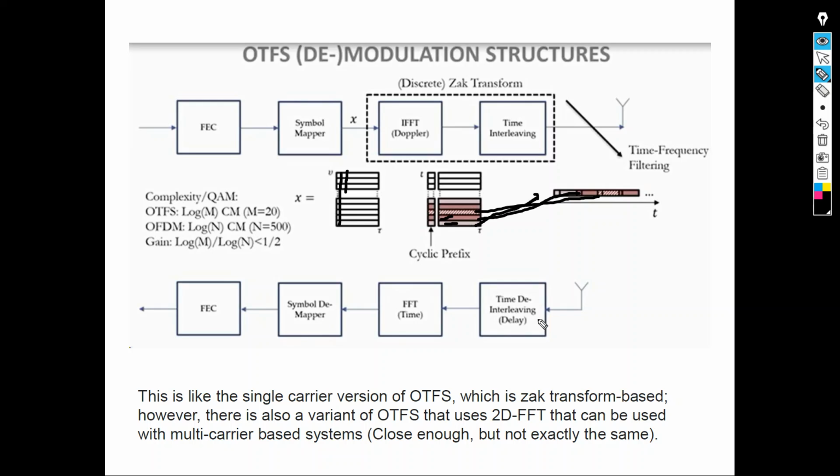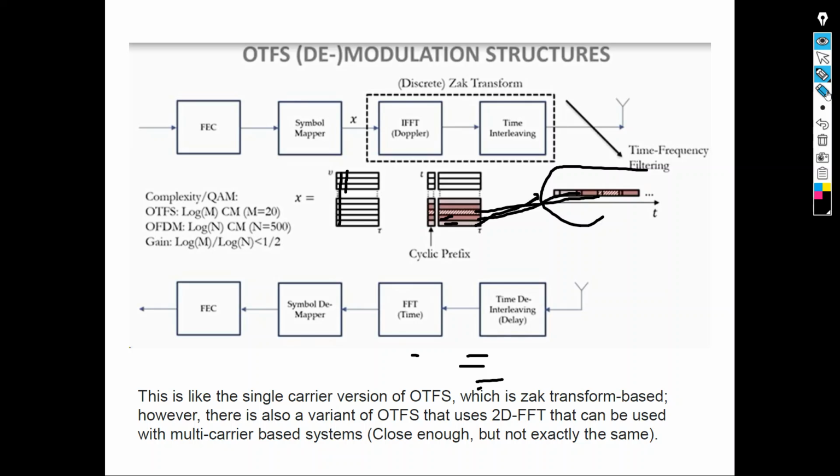You wait until you gather all these symbols and put them one on top of the other, and form a matrix like this. Then you take the FFT along time to get another matrix X, which represents the complex symbols, and then you decode them and get the bits that represent your transmitted message.